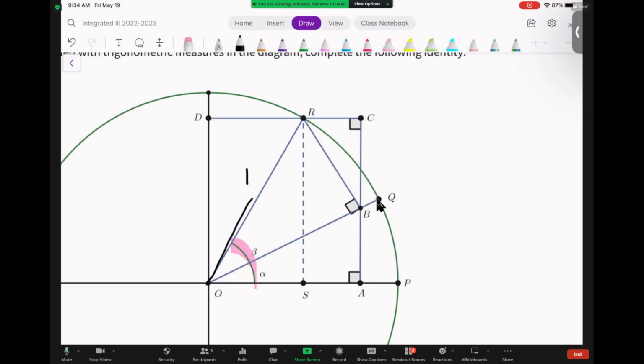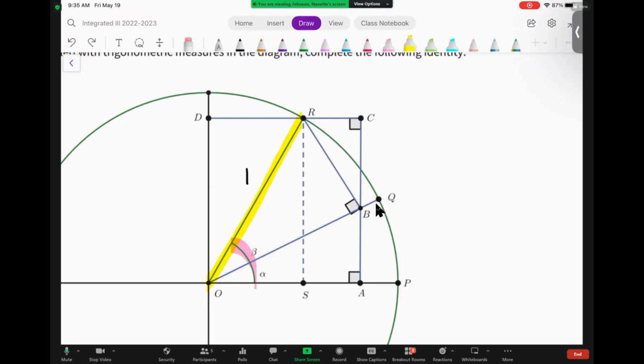Oops, I'm not in highlighter mode. Sorry. Your radius goes from center to circle. Do you see how that goes past that right triangle of OAB? Yeah, so we're not going to be using that one.